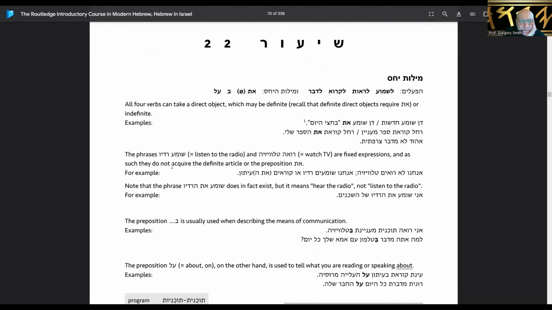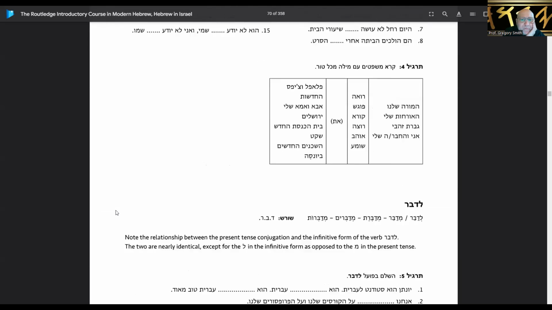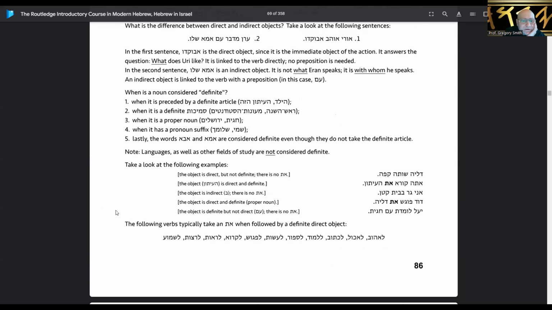Okay, where's that one about languages? Let's see here. Languages, as well as other fields of study, are not considered definite. See that? Look at that. Isn't that strange?